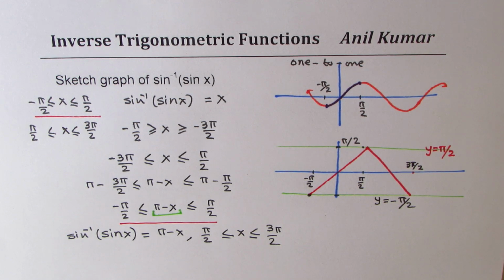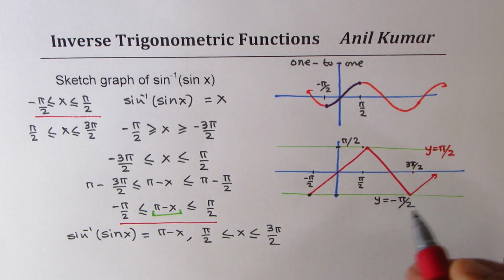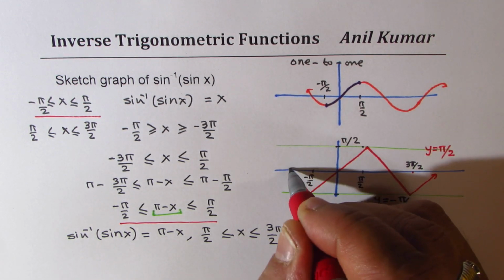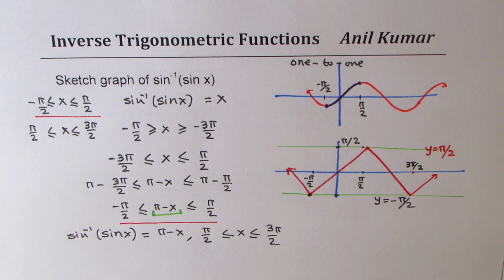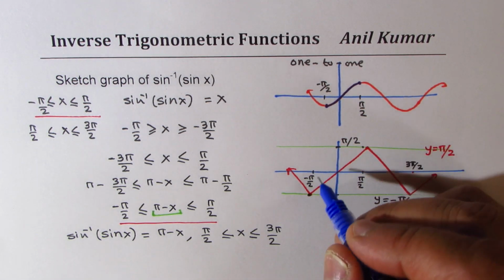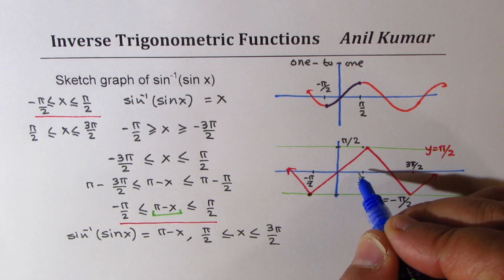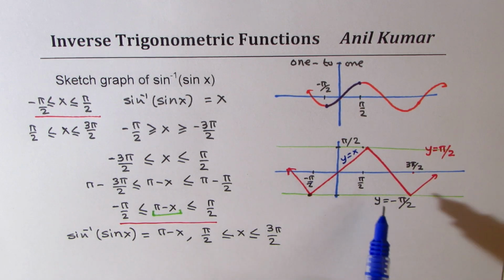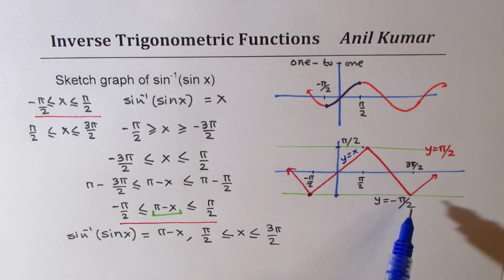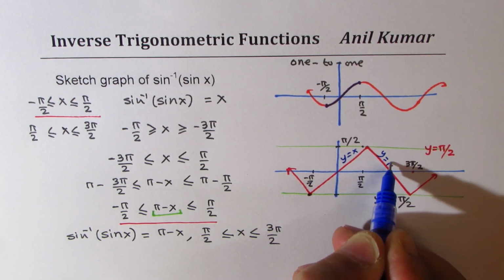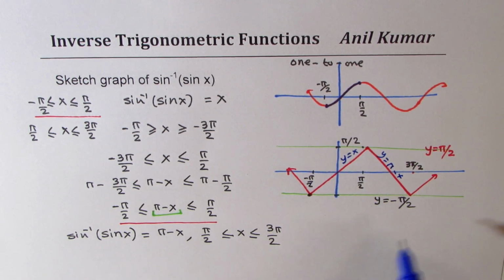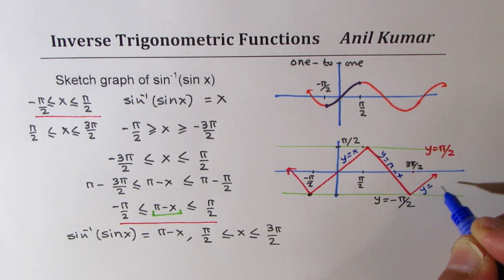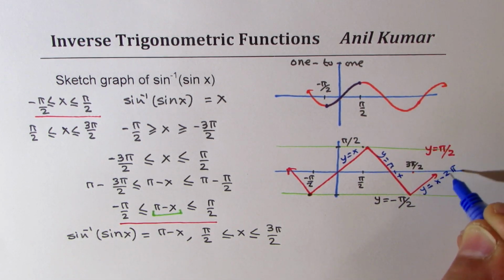Do you see that? Now, you could follow the same method and then you will find that the graph of sine inverse of sine x could be drawn in this fashion, these lines being parallel. So what you notice here is that the graph between minus pi by 2 and plus pi by 2 is y equals x, and between pi by 2 and 3 pi by 2 it is y equals pi minus x, and then it will be y equals x minus 2 pi, right?